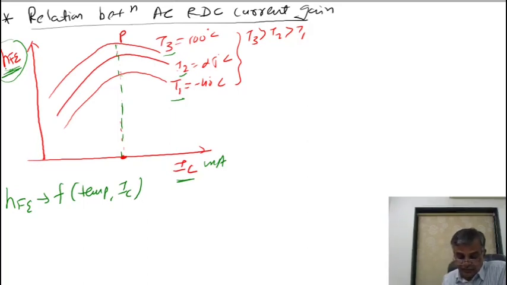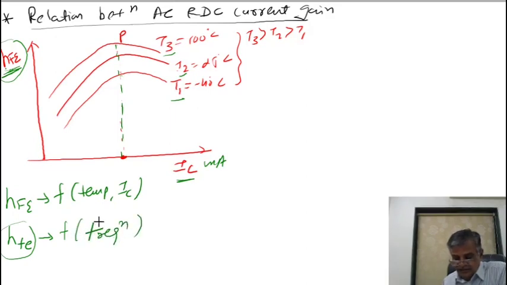Now AC current gain. Electronic students must be knowing, but for physics students I am writing this. AC current gain depends upon the frequency. Again, DC current gain depends upon temperature and collector current, while AC current gain depends upon the frequency.